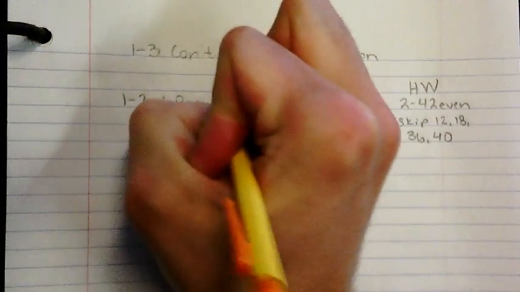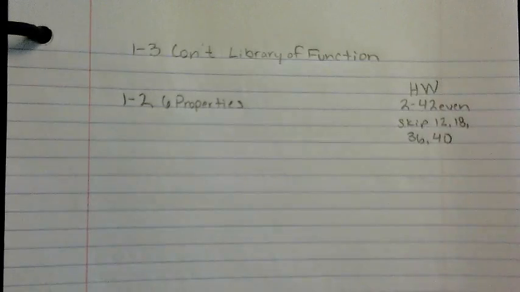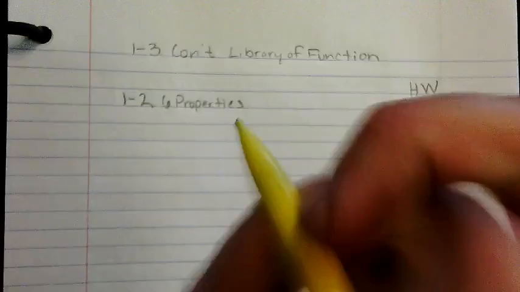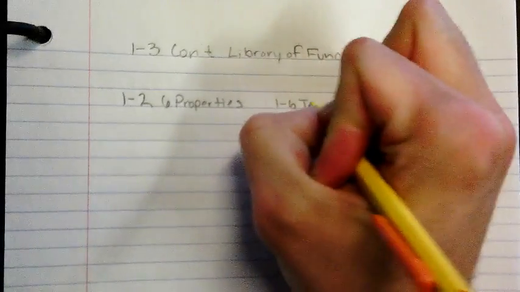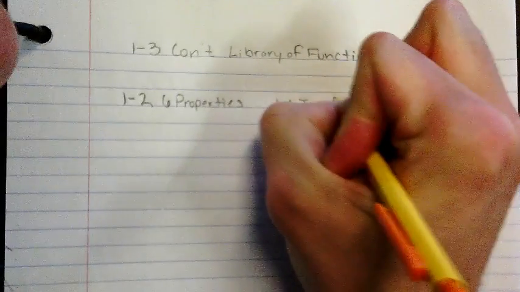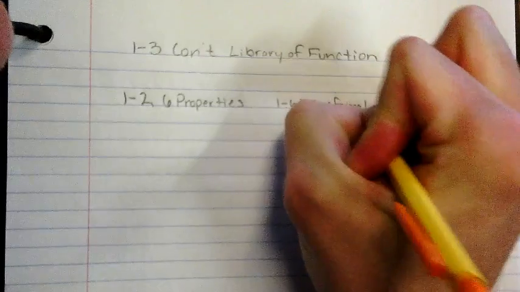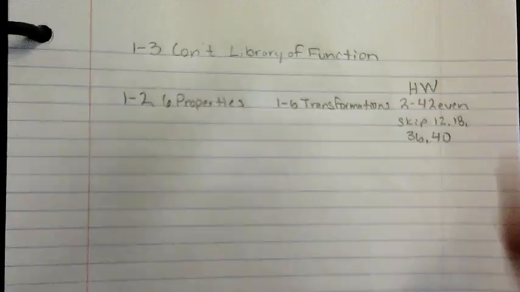So like the domain and range, the continuity, the slope, the maximums and minimums, the asymptotes, the end behavior. You're going to use those 6 properties and the 1-6 transformations to solve these problems. Okay.